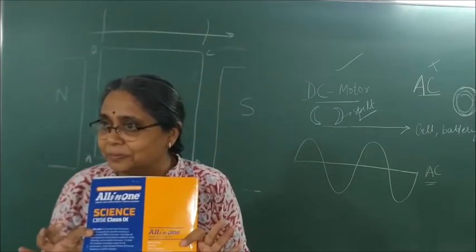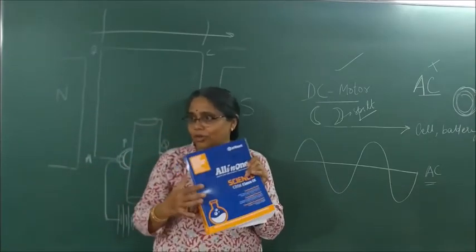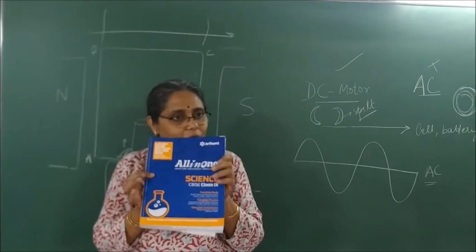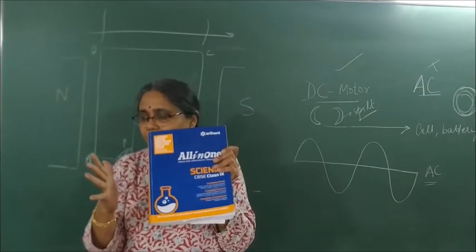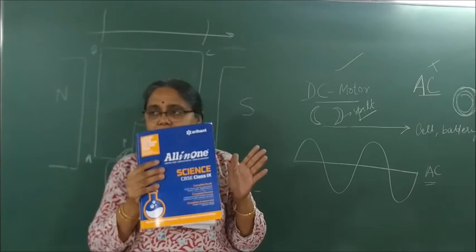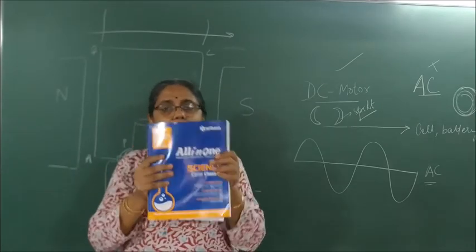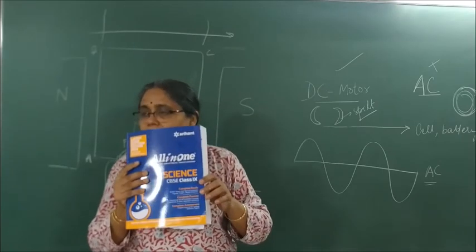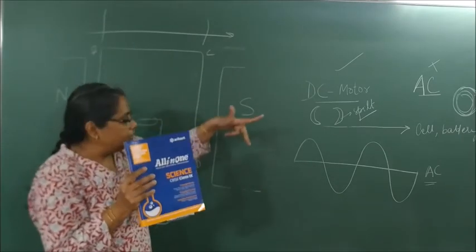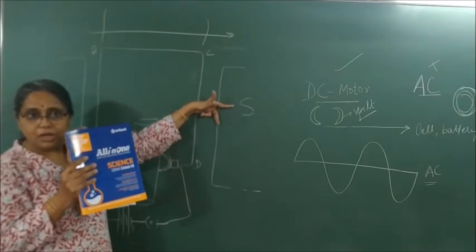Working clear? See, you should not mug up. You should understand the concept. This is my armature coil. It is connected to the commutator or split ring at P, and CD is connected to Q. Here the current goes up, here the current goes down. When the current goes down and the magnetic field is like this, the movement of my thumb is upward.